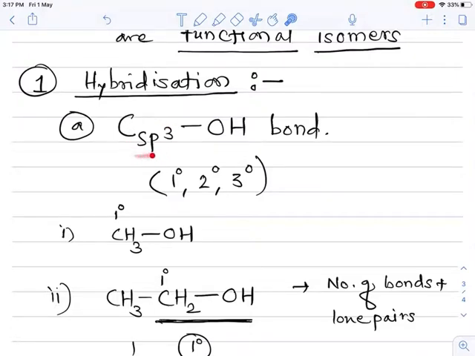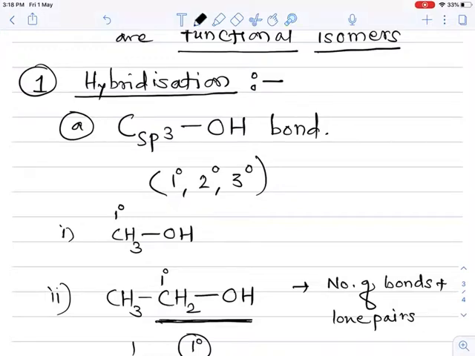This sp3 hybridized carbon alcohols are further classified into three types: primary alcohol, secondary alcohol and tertiary alcohol. So first we will see about the primary alcohols. If we take an example of CH3OH, methyl alcohol, in methyl alcohol this CH3 group is primary because it is not attached to any other alkyl group.